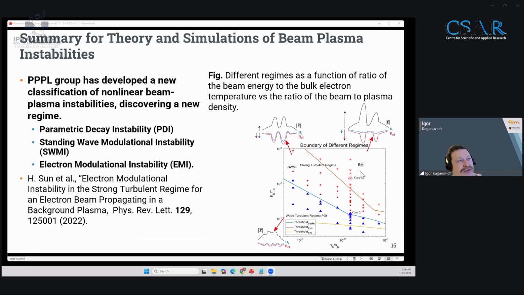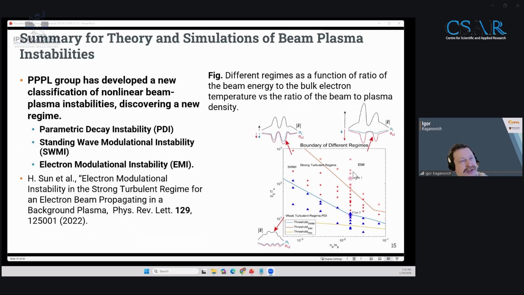What surprised us is that at certain conditions, very high beam energy to electron temperature and beam density to plasma density, we get a new regime. We call it electron modulation instability, where you have such strong waves that they produce a very large ponderomotive pressure that pushes electrons away in such a way that it violates quasi-neutrality.